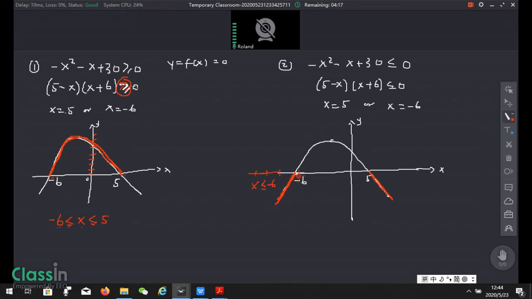This portion of the graph, remember, is moving to the right of 5. All the numbers to the right of 5 are more, like 6, 7, 8. So x is more than or equal to 5. So the solution becomes x is less than or equal to -6, or x is more than or equal to 5. And that is the solution.